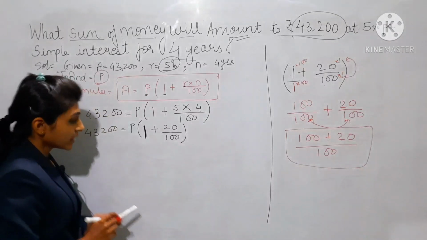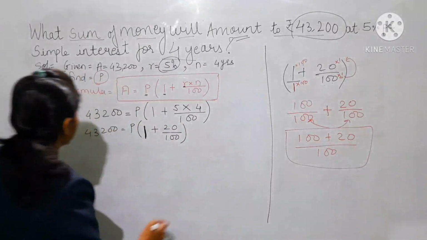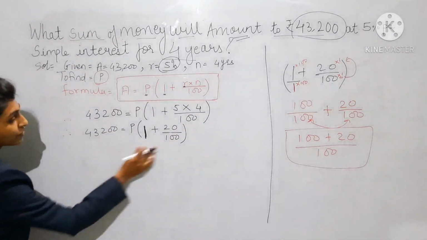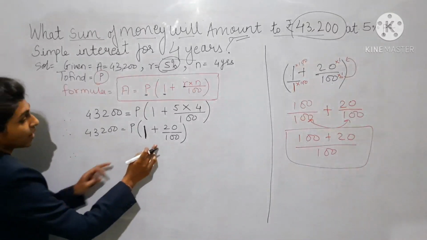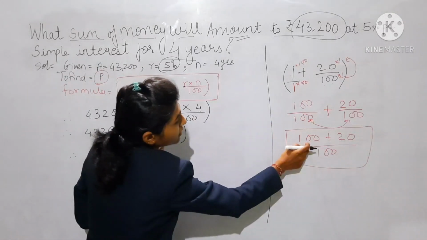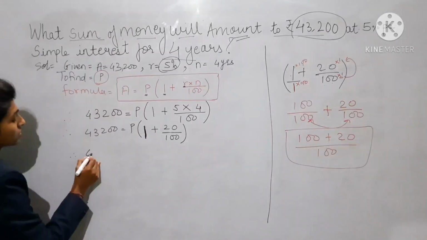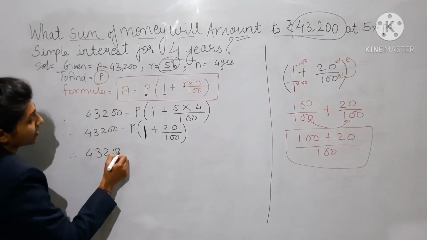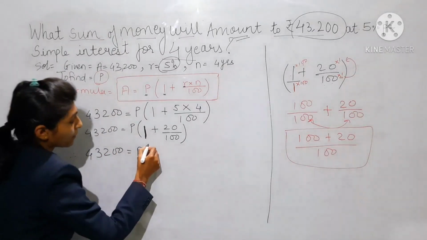So next, after this, you have to do this. 43,200 is equal to P bracket.